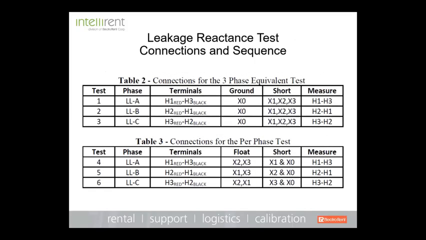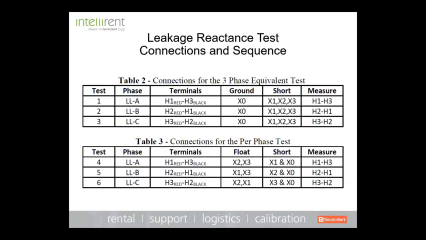Okay, now, basically, here's your connections for a leakage reactance test, both the 3-phase equivalent and your connections for a per phase test. And this diagram right here will show you where to connect your leads, what to short, and what to measure. So you can see in the 3-phase equivalent for all 3 of these tests, we're going to short all your low side bushings, ground the XO, and then measure H1 to H3, H2 to H1, and then H3 to H2.